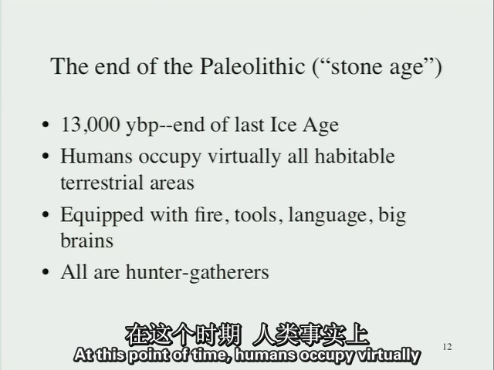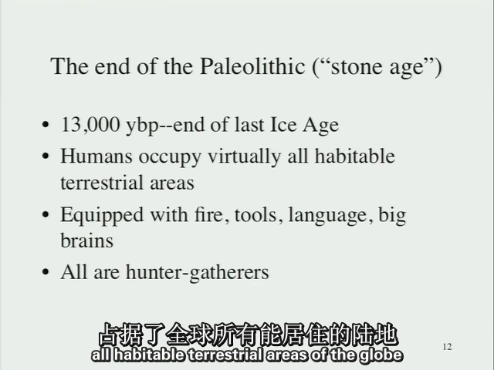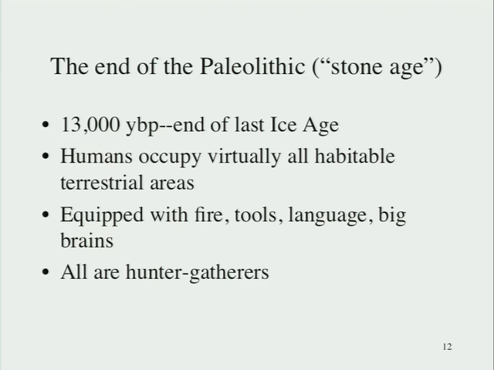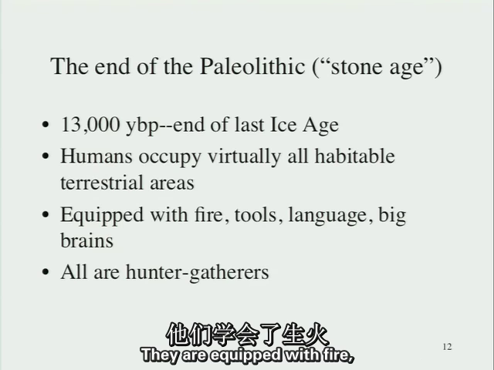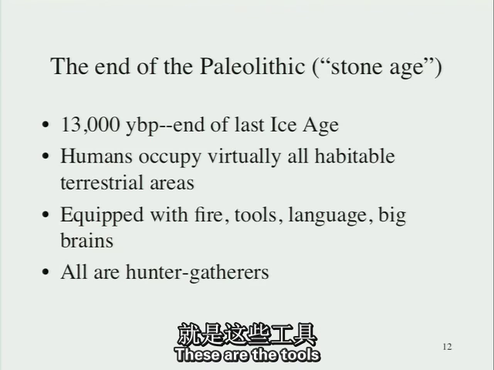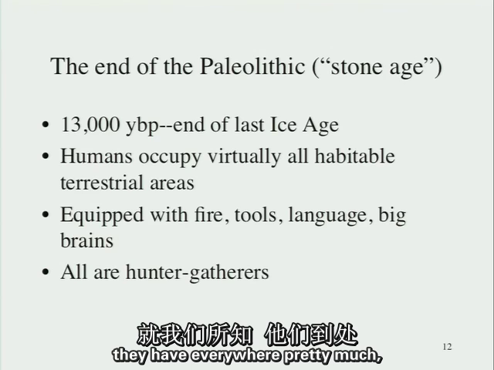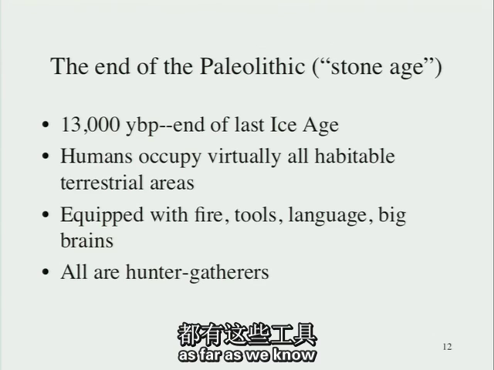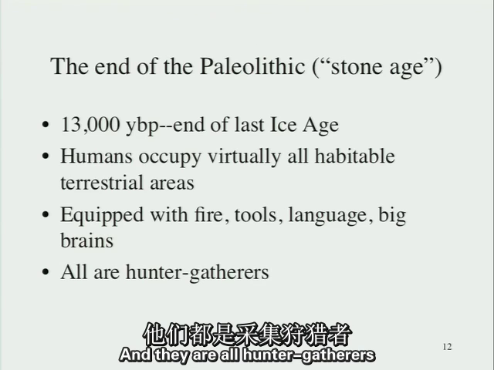At this point in time, humans occupy virtually all habitable terrestrial areas of the globe. They are equipped with fire, tools, language, and big brains. These are the tools they have everywhere, pretty much, as far as we know. And they are all hunter-gatherers.